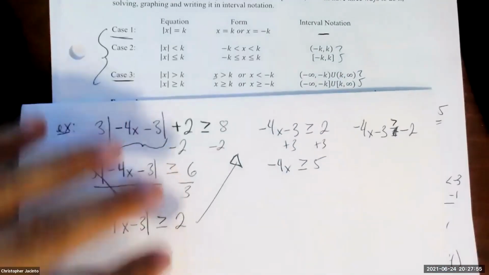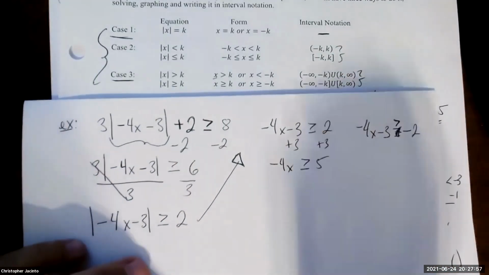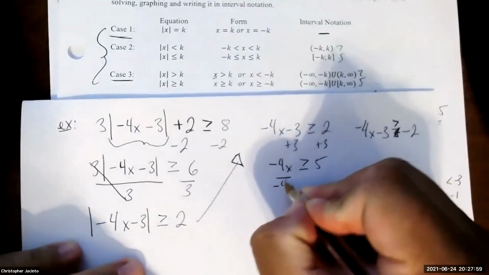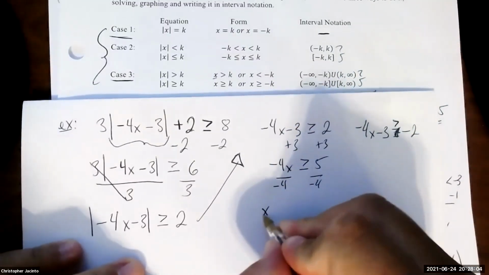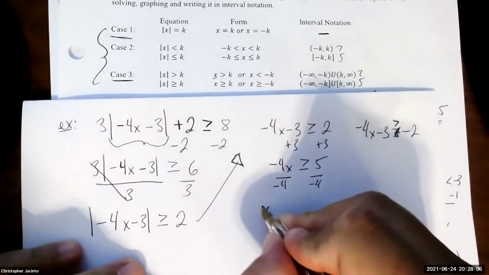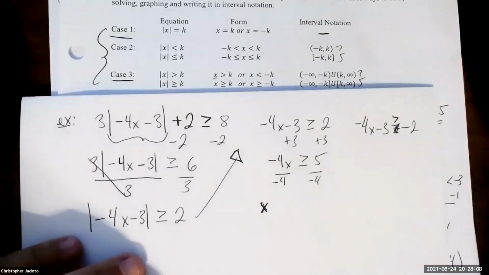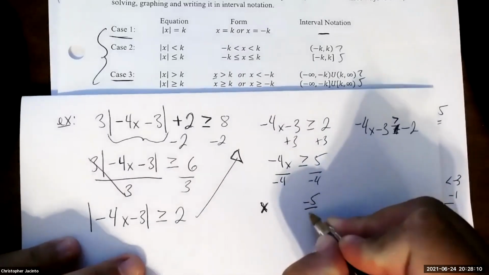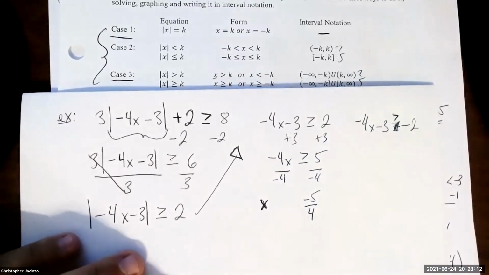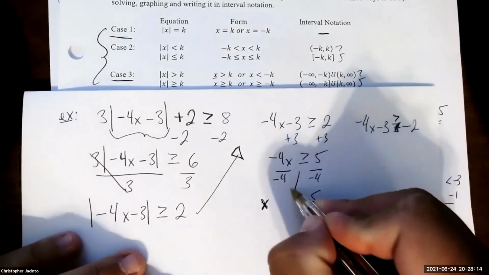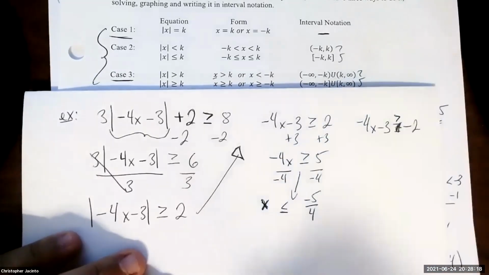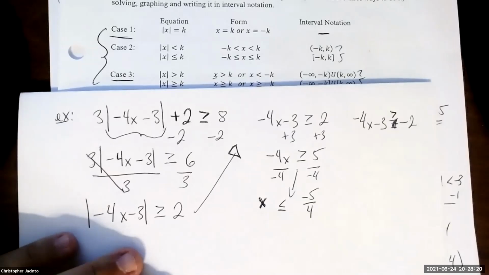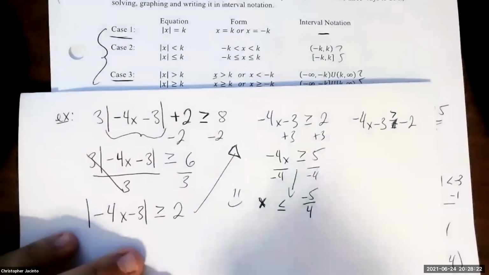This is 5. And this is a little tricky. See if you guys remember. We divide by a negative. Anybody remember our rule when it comes to dividing by a negative? We flip the sign. So, a fun little trick there.